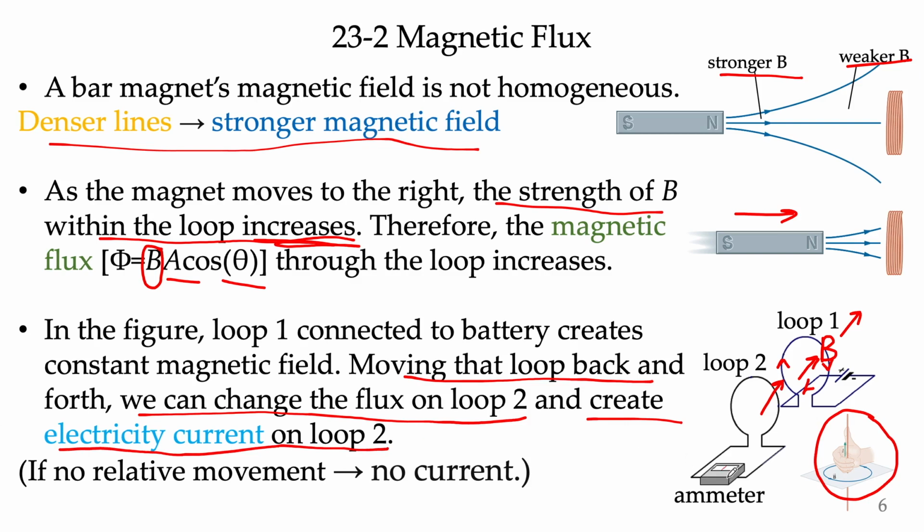If you connect the ammeter, you can actually measure some electric current here. But if there's no relative motion, if these are just stationary like this, there will be a magnetic field, but it will not change the flux. The flux will be constant, so there will be no current. You need a change of flux, not just magnetic flux, to get some current.